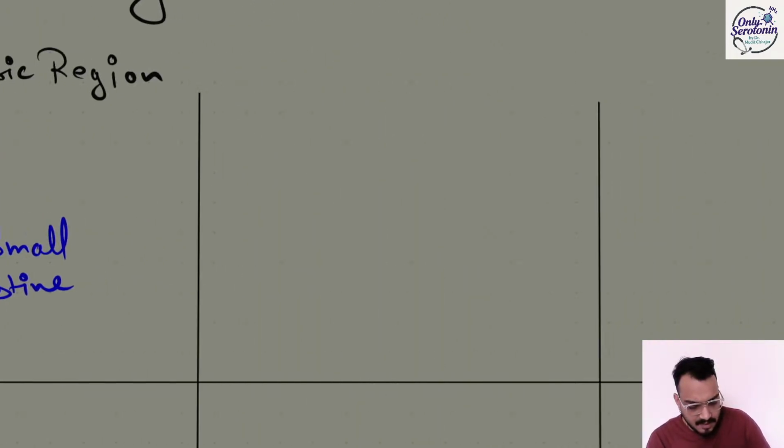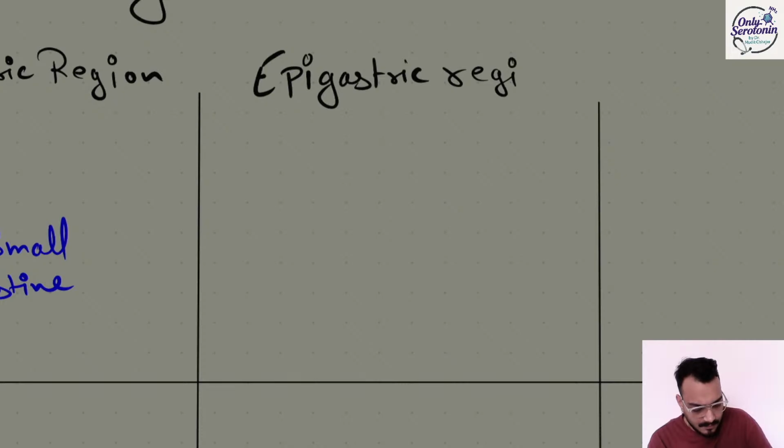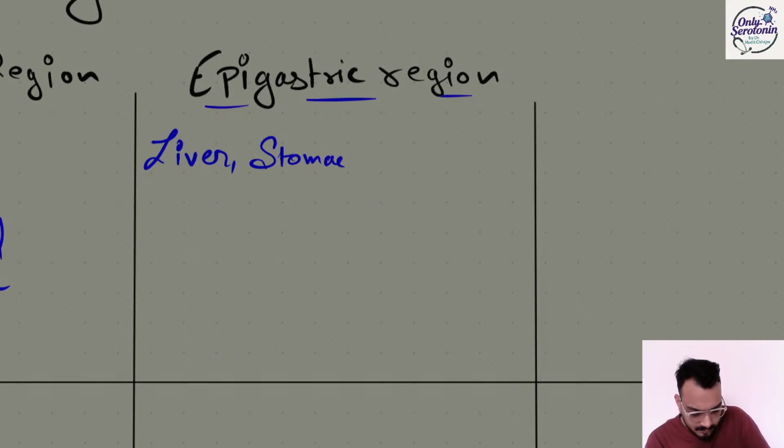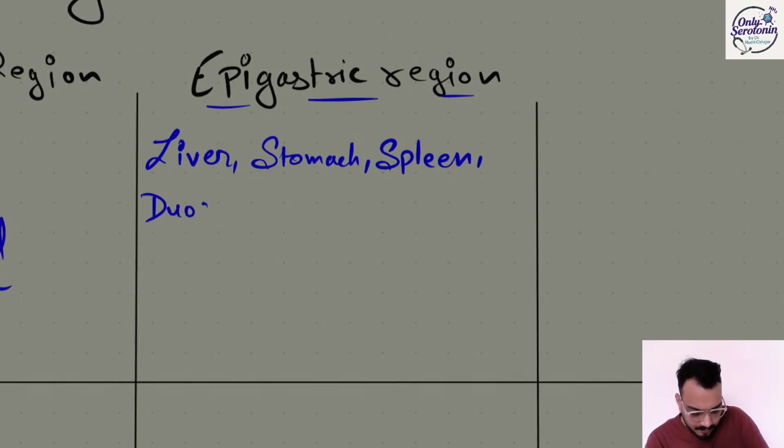What about the epigastric region, guys? The second thing we are going to discuss is the epigastric region. In the epigastric region, we are going to have liver, stomach, spleen, duodenum, adrenal glands.